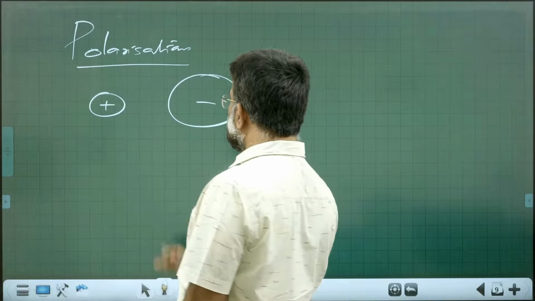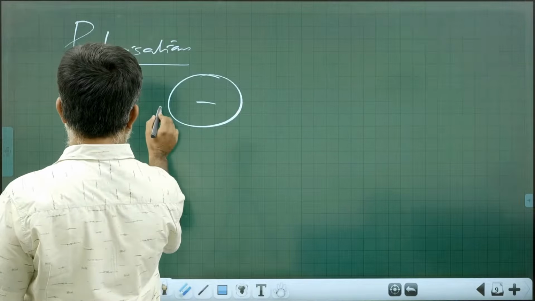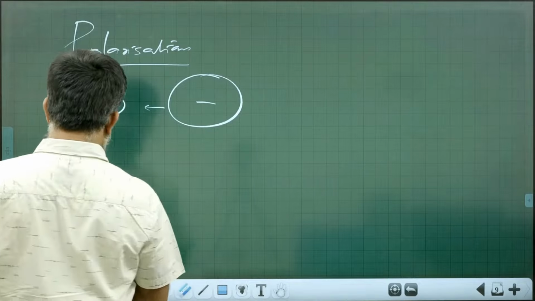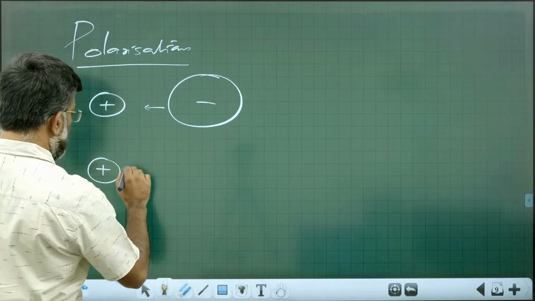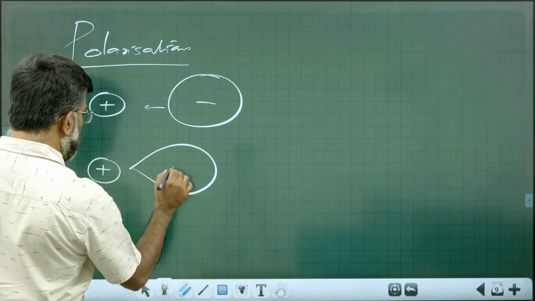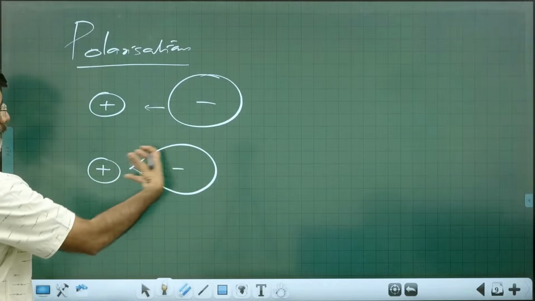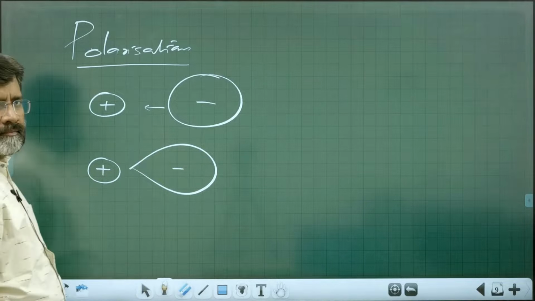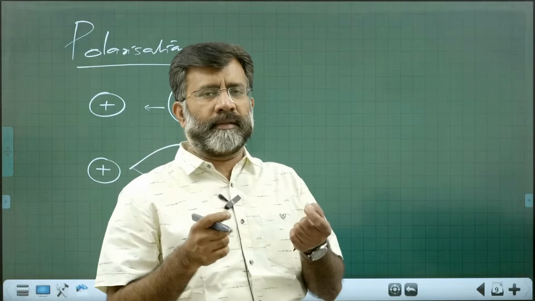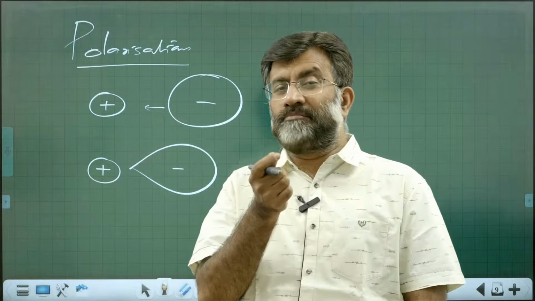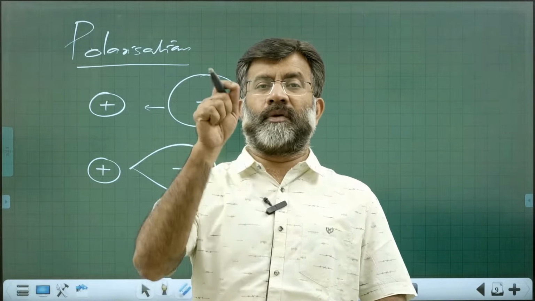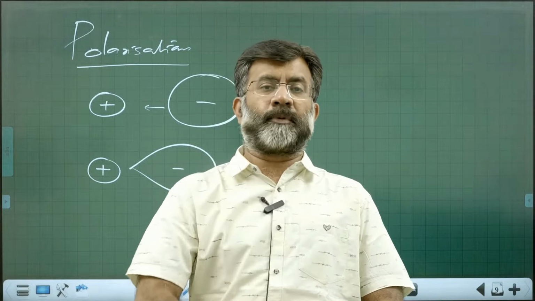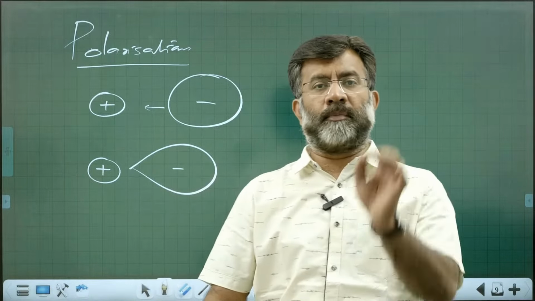When this anion comes close to the vicinity of the cation, the anion will undergo a deformation like this. The anionic charge gets deformed. So this deformation of the symmetrical electron density of the anion, when it comes to the proximity of a cation, is called polarization.